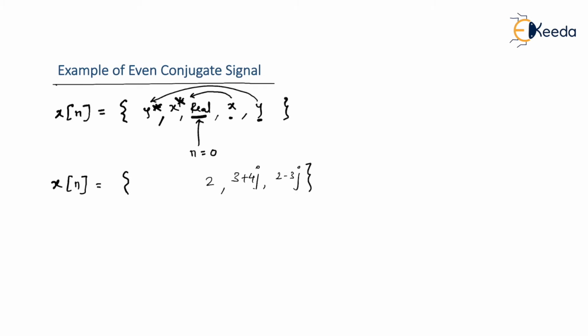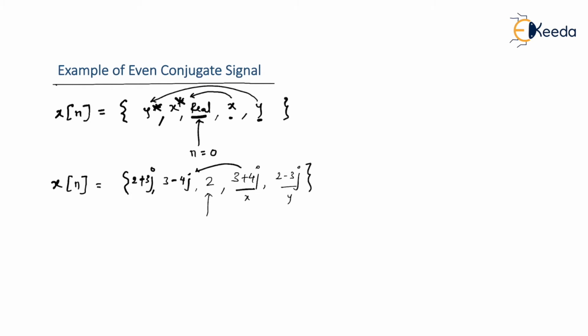Suppose you want your x of n to become an even conjugate signal, then what should we present here? Of course, the complex conjugate of 3 plus 4j, which comes out to be 3 minus 4j. And since it is 2 minus 3j, then 2 plus 3j should be present here, which is nothing but y conjugate. So I'm assuming this is x and this is y.